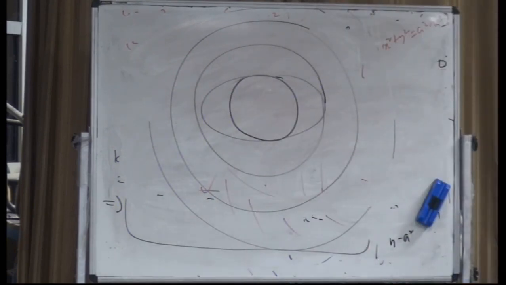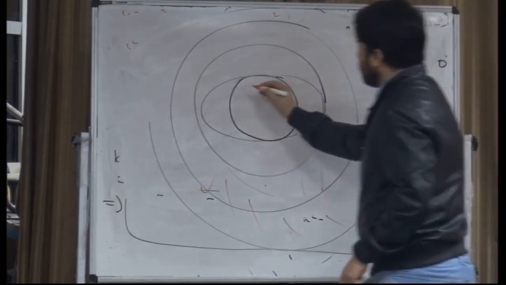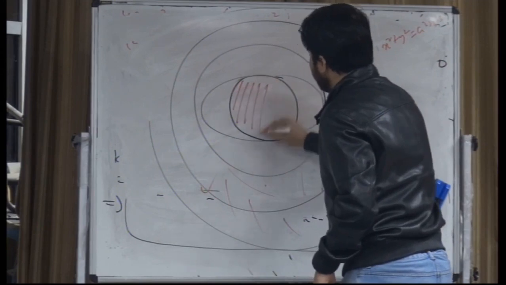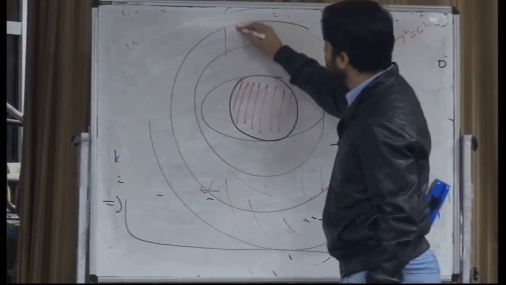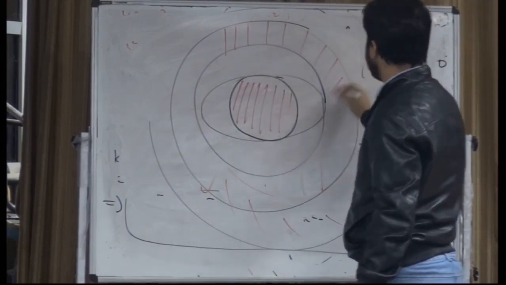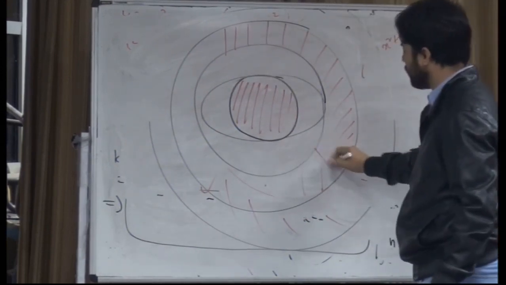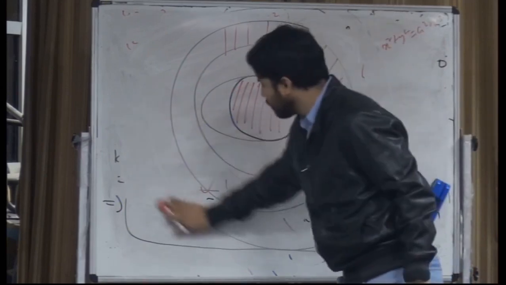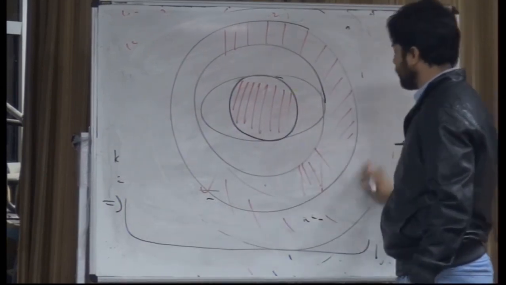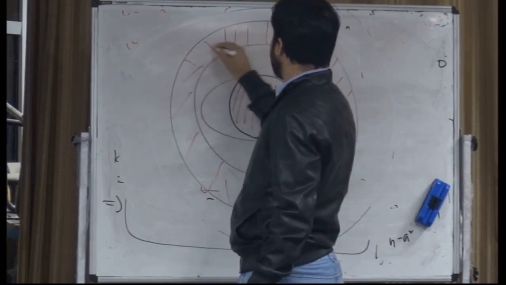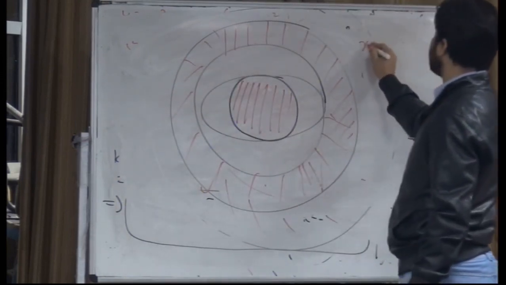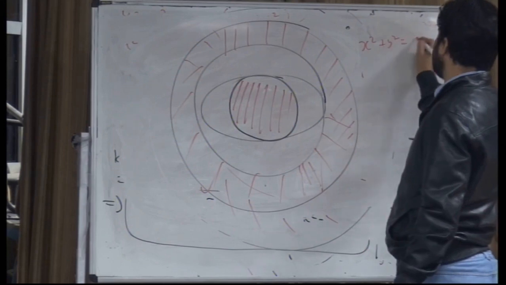Okay. This area is pi b square and this area is pi b square. This bigger circle is the director circle. What is the equation of the director circle? x square plus y square is equal to a square plus b square.